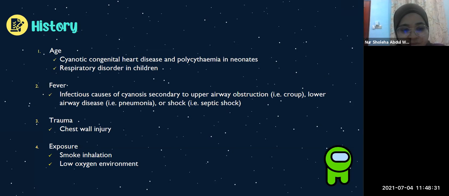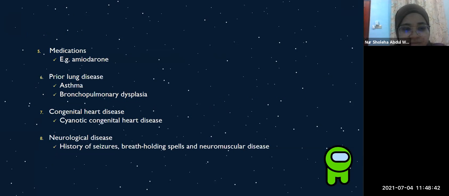Other than that, we also need to know whether the patient has any exposure to smoke inhalation or a low oxygen environment, which can cause cyanosis. And then we also need to know the drug history of the patient, whether the patient takes any drug that can cause cyanosis, for example amiodarone, which is used in antiarrhythmia.